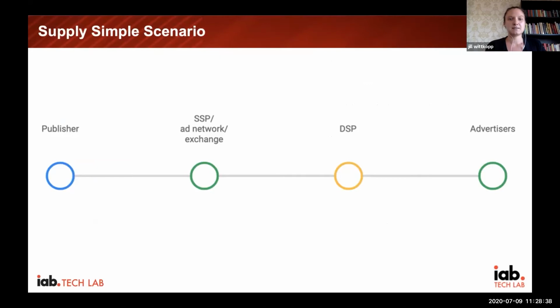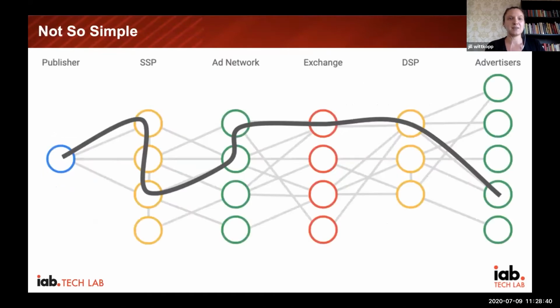But next slide, I'll say that a majority of the inventory relationships within the ecosystem are not that simple. So I used the easiest one just to make it digestible, but you can imagine that this is much more complicated than it appears.